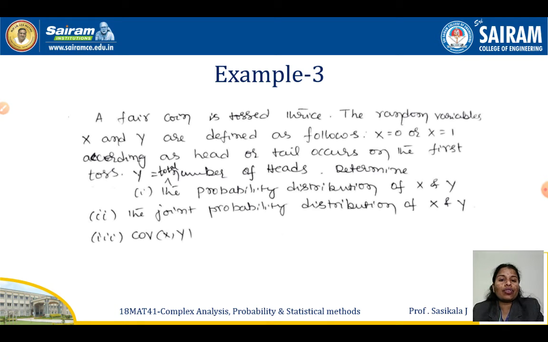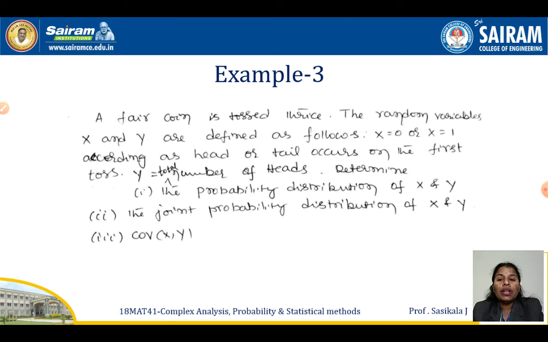A fair coin is tossed thrice. The random variables x and y are defined as follows. X is equal to 0 or x is equal to 1 according as head or tail occurs on the first toss, and y is the total number of heads. So we have seen that example in the last video, no?